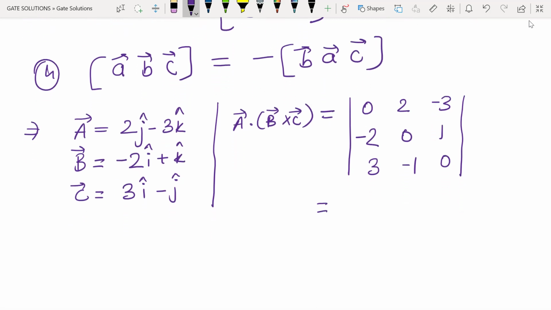So we will solve this determinant. So we will get 0 minus 2 into 0 minus 3, minus 3 into 2 minus 0. So here we are getting 0.